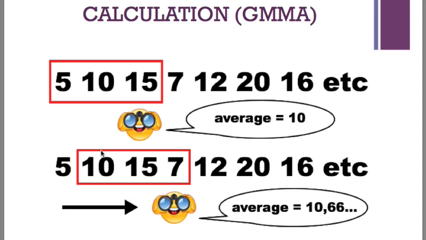Now you look at these 3 values, 10 plus 15 plus 7 divided by 3. Now the average is 10.66666666 and so on. Then you move again one step to the right. You add up now 15 plus 7 plus 12 divided by 3. Then 7 plus 12 plus 20. Then 12 plus 20 plus 16, and so on. Right? That's a moving average.